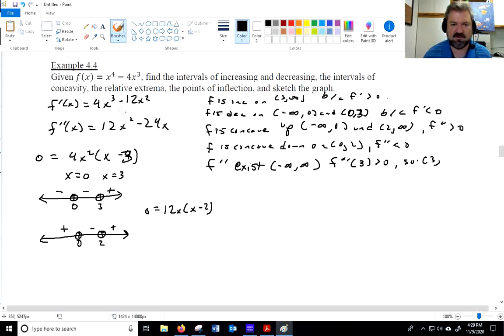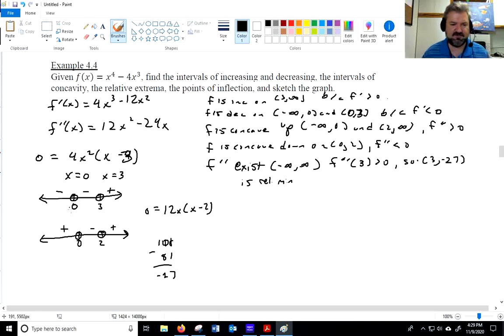So the point 3, comma, let's see, 3 to the fourth is 81, and then 4 times 27 is negative 108. So 81 minus 108, a negative 27. That right there is a relative min.